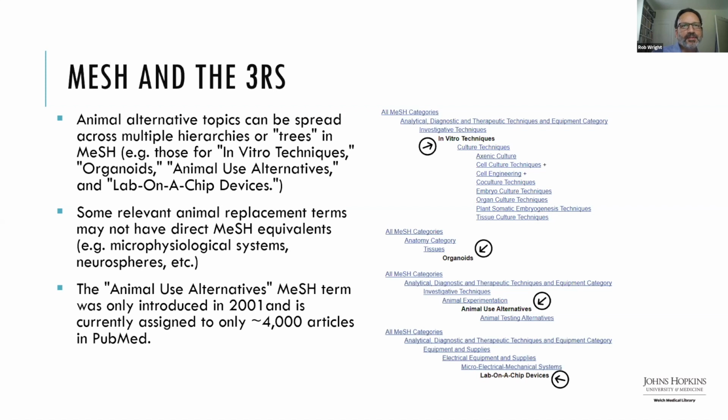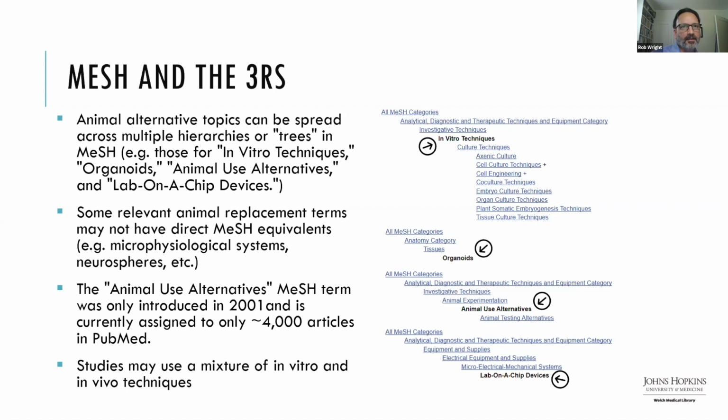I also want to note that Animal Use Alternatives as a MeSH term was only introduced in 2001 and is currently only assigned to about 4,000 articles in PubMed. So that's also somewhat of a limitation in how articles are actually described as animal use alternatives.